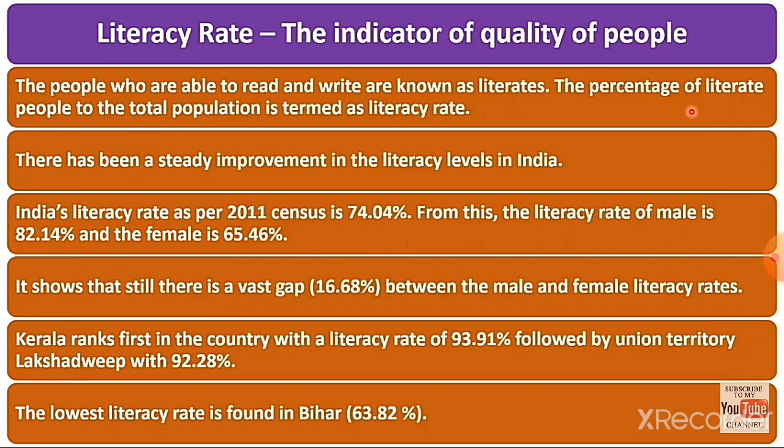Still many people think that females don't need education. Kerala ranks first in the country with a literacy rate of 93.91%, followed by Union Territory Lakshadweep with 92.28%. The lowest literacy rate is found in Bihar.